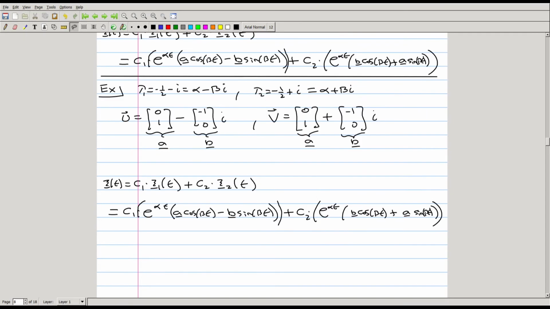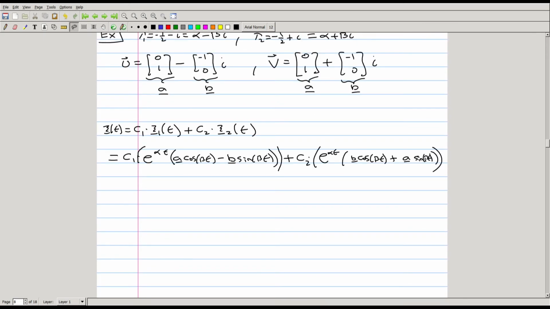So I just copied the formula that we just found here, and I'm going to plug in the exact values for this problem, and then simplify to get the exact solution for this example problem. So our alpha value is negative 1/2. Our a was 0, 1. Our b was negative 1, 0.